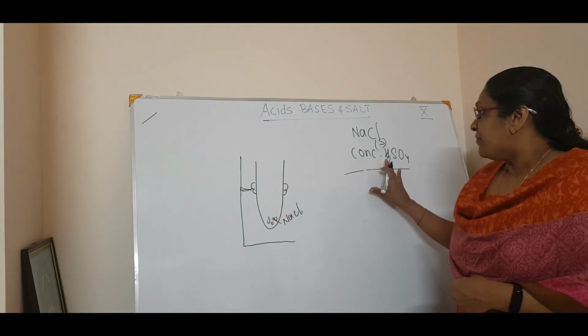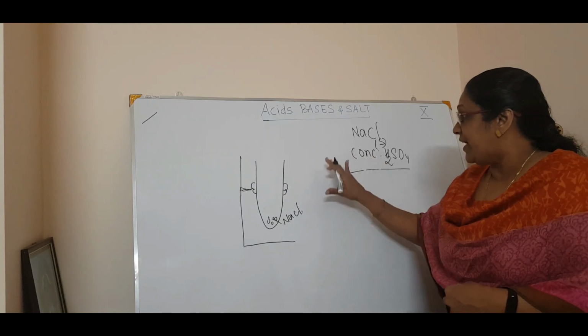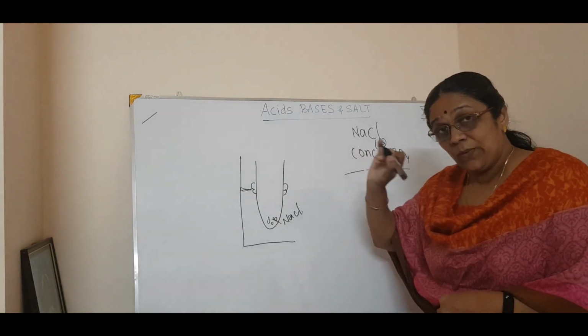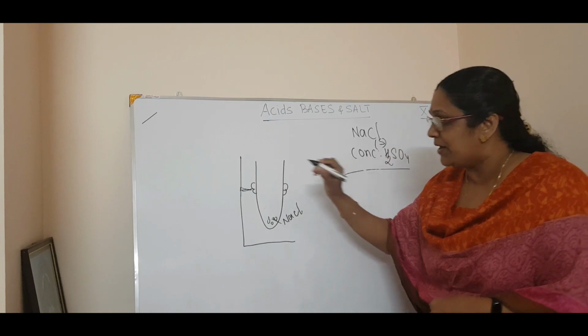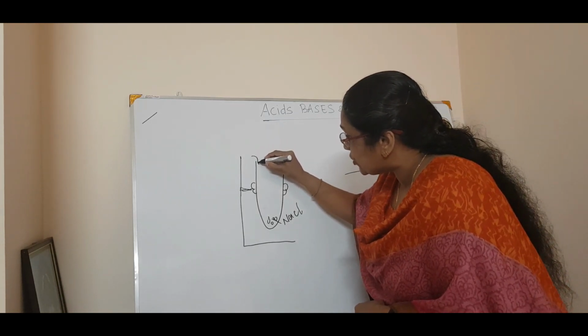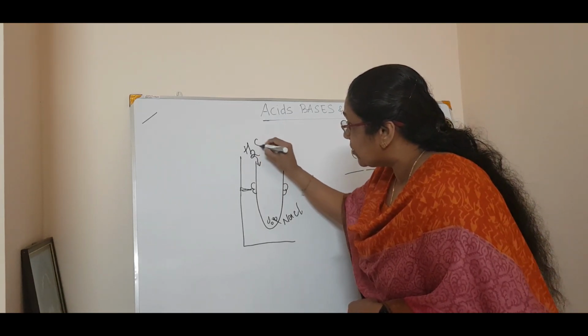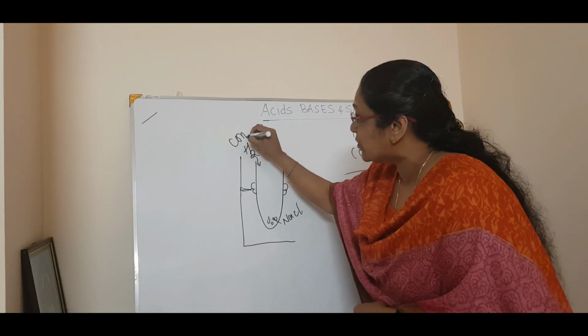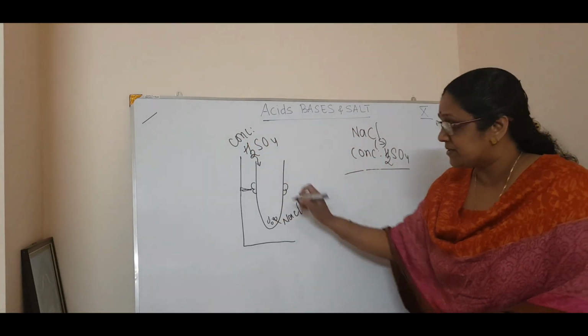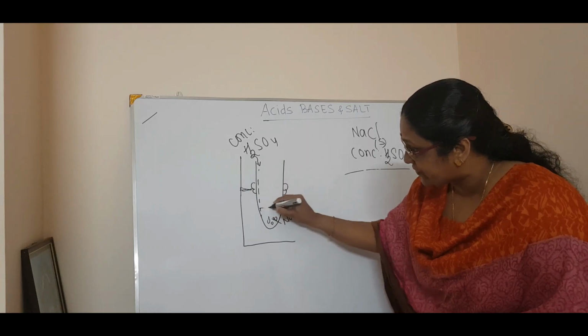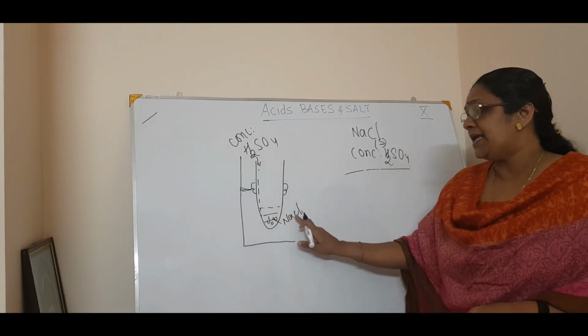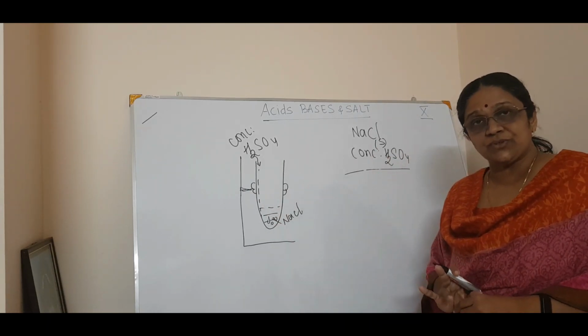Add concentrated H2SO4 very slowly and attentively along the sides of the test tube. So I am adding concentrated H2SO4 to the sides of this test tube. Then NaCl reacts with the H2SO4.